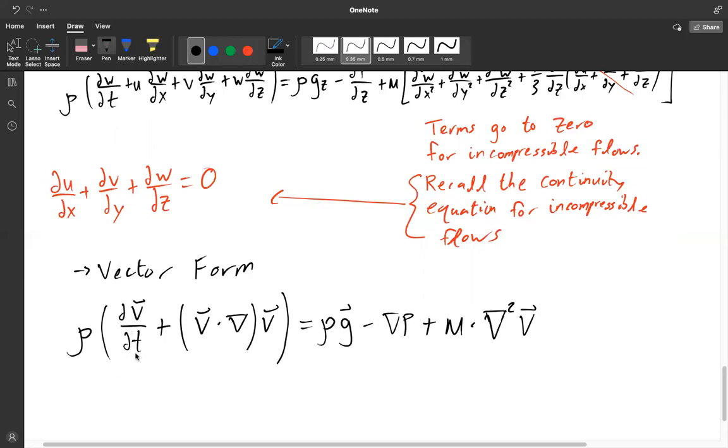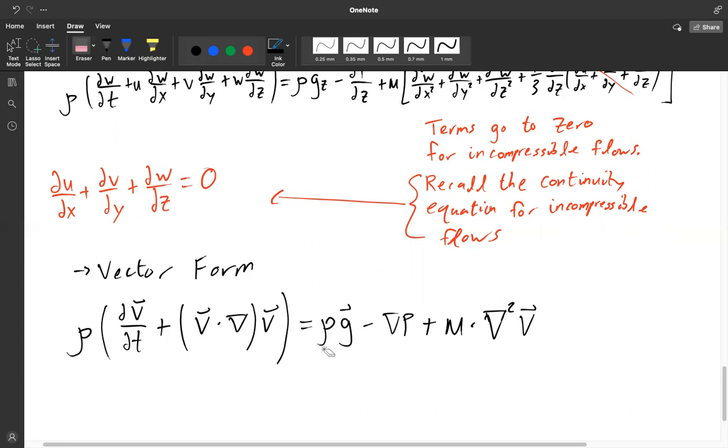This partial v partial t term is a change in velocity over time. And this term v dot gradient times v is the speed and the direction of the fluid. Rho g is the gravitational force.